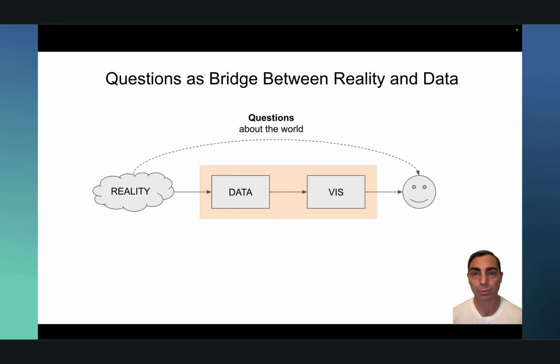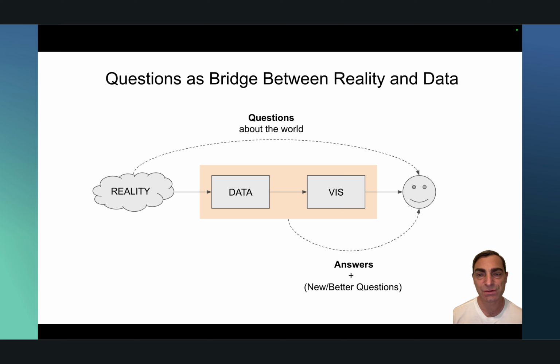So typically what we have is questions about the world, and we want to try to answer these questions with the representations that we have through the data and the visualization. And often through this process, we also generate new or even better, more precise questions.